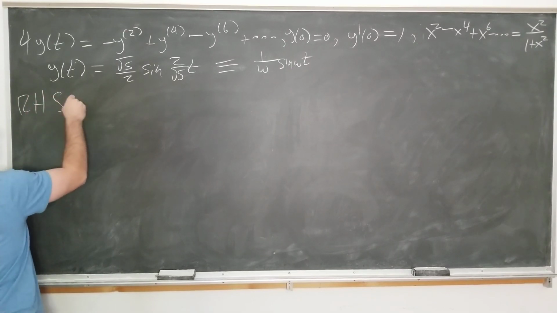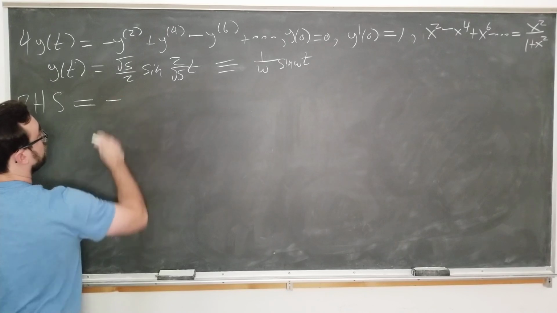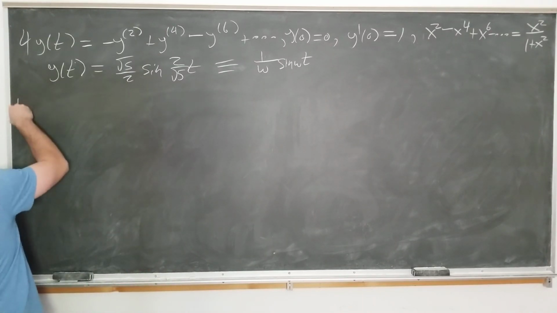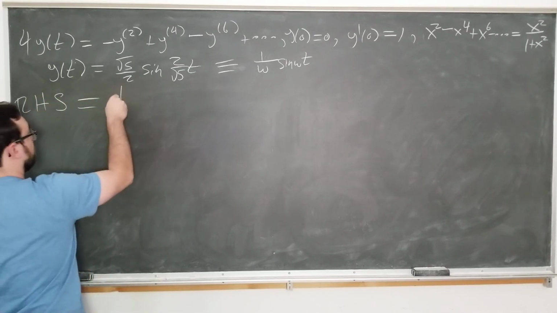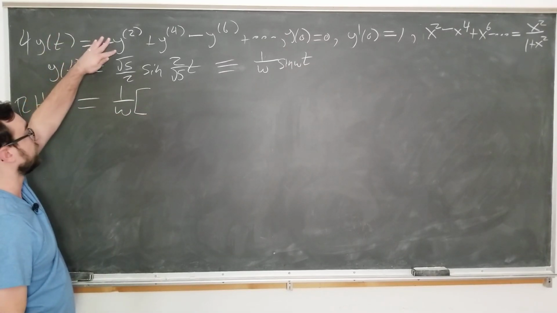The right-hand side of this expression is equal to negative, well, first we have to, yeah, that's good. Okay, there's going to be a common factor of 1 over omega everywhere. And this is the second derivative.